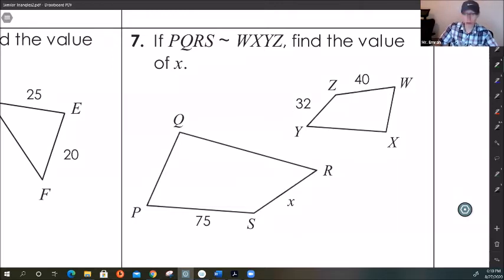This time you're gonna write down the proportion of the side lengths that are given to you, and write down the exact values.